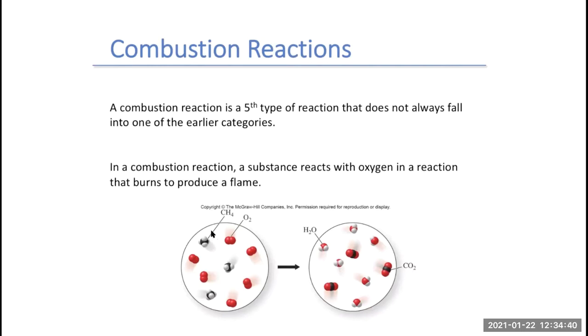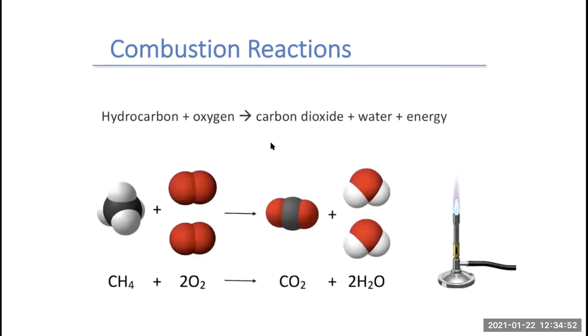So we take some hydrocarbon, something that contains just carbon and hydrogens, reacts with oxygen, and then we get water and carbon dioxide as a product. So that means combustion reactions are easy to predict the products and easy to predict the reaction.